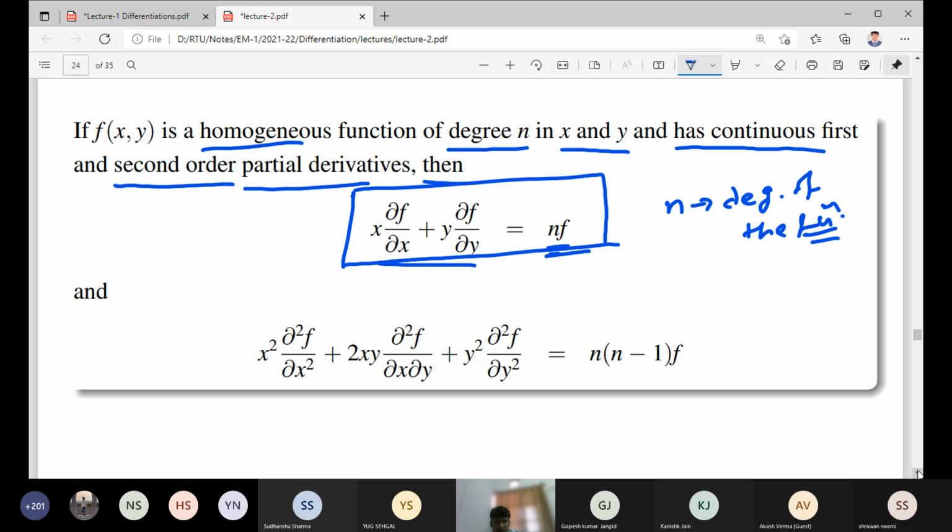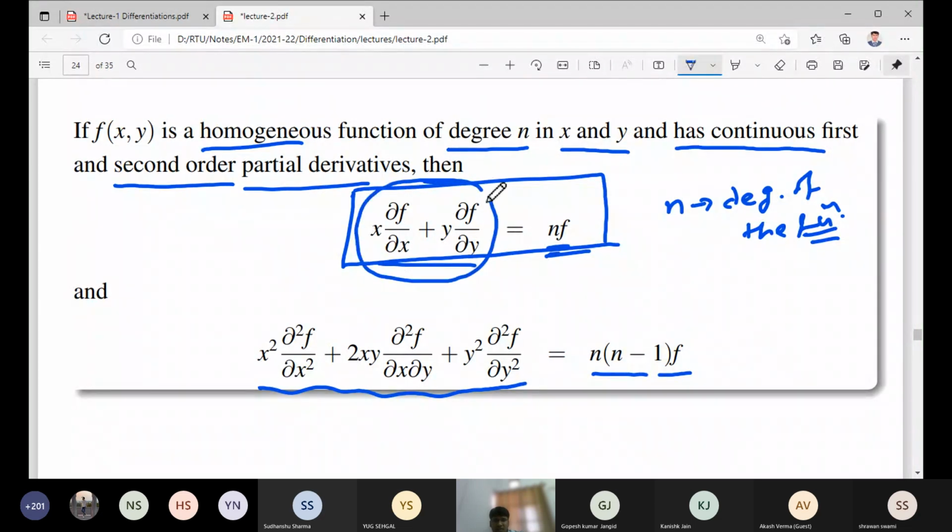Similarly, you can also find the value of the left hand term, x square times del 2f upon del of x square plus 2 times del 2f upon del x del y plus y square del 2f upon del of y square, which equals n into n minus 1 times f. So whenever you get a problem, find the value of this left hand part.